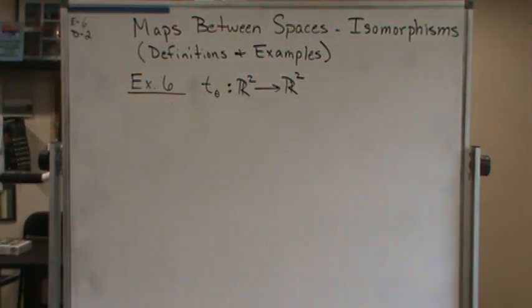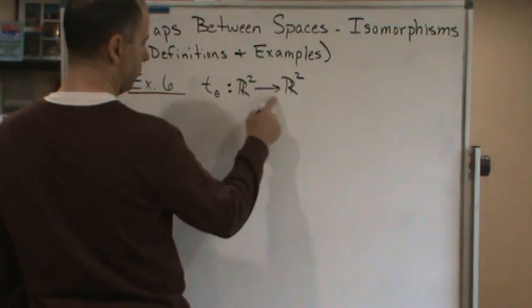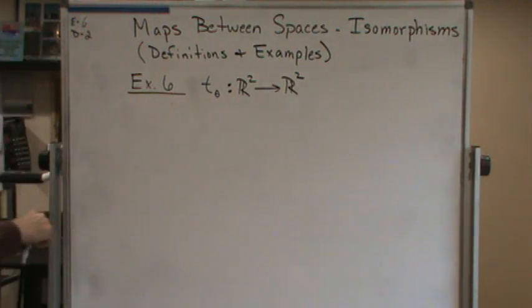And so what we're doing here is it rotates all vectors through an angle theta. So T sub theta from R2 to R2. Okay, so we turn all vectors in R2 by a certain angle theta.